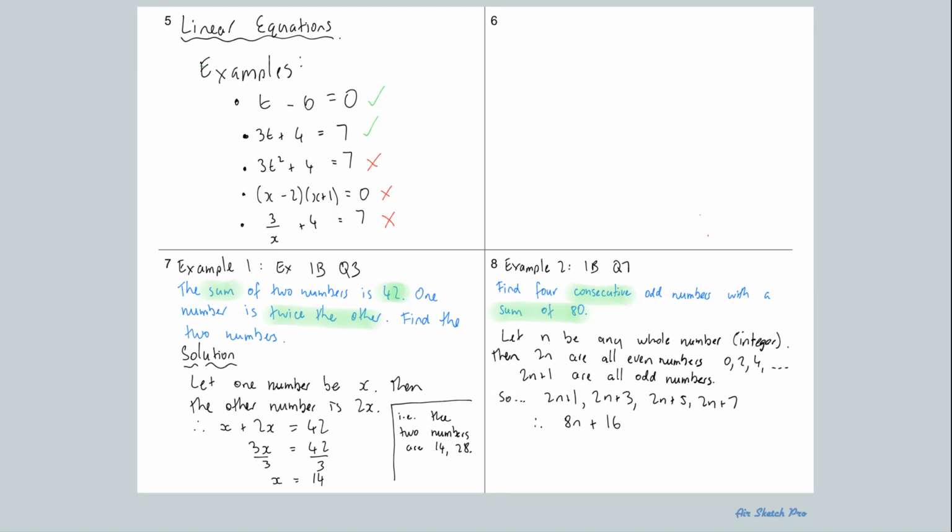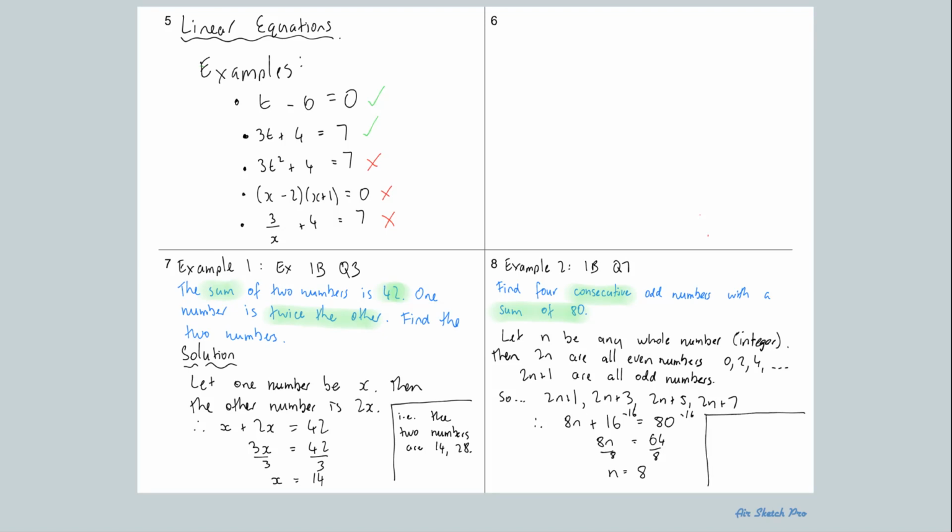So we've got 8n plus 16 is equal to 80. 8n is equal to 64 by subtracting 16 from both sides. And then if I divide both sides by 8, I get n is equal to 8. 64 divided by 8.